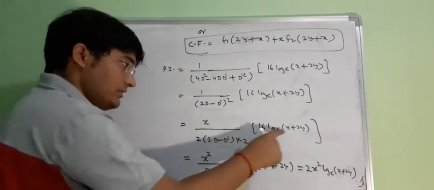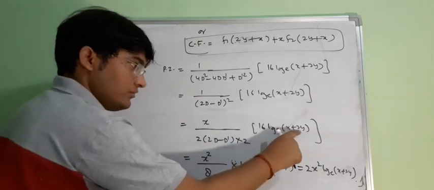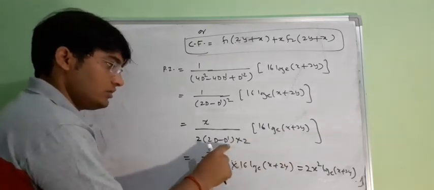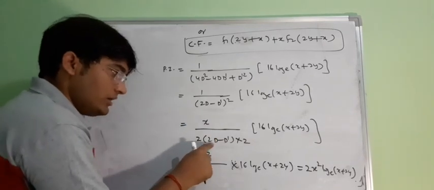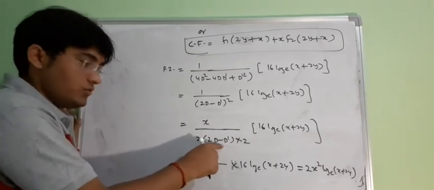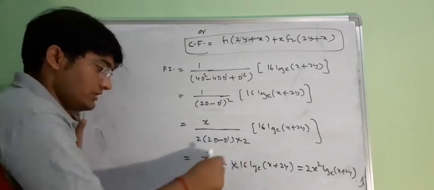Again you can see that if we replace D by 1 and D' by 2, this will be 0. So we will write x in the numerator and differentiate this term with respect to D, which is 2. So this will be 2 times 4 into 2, that is 8.